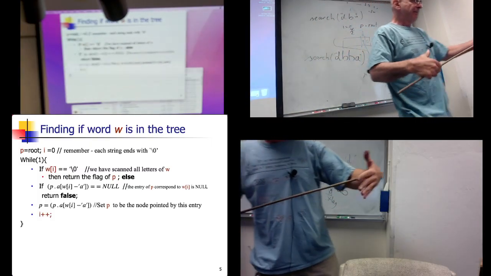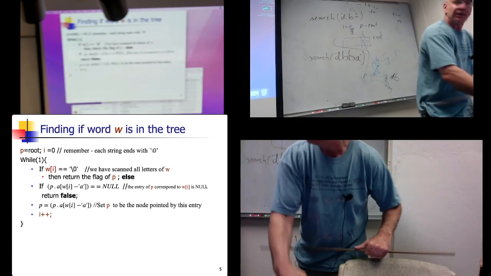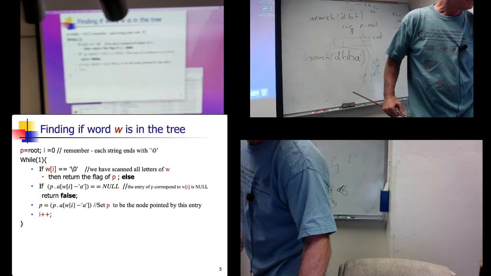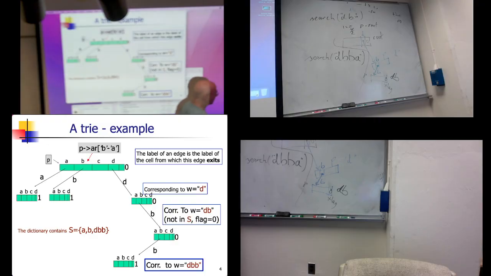And that immediately also suggests how to insert and delete nodes from the tree. Going back to the tree, if I want to insert the word DBBA, you understand how to do it. You will try to first find the word DBBA.